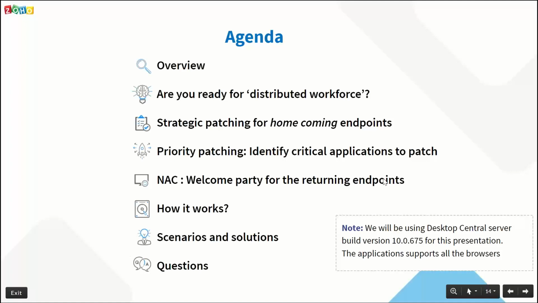Following this, we will come up with a checklist to get you all ready to go back to office. This will include strategic and priority-based patching along with network access control. Desktop Central's architecture and how it works will also be covered, mainly for the benefit of the attendees who are not familiar with the product.